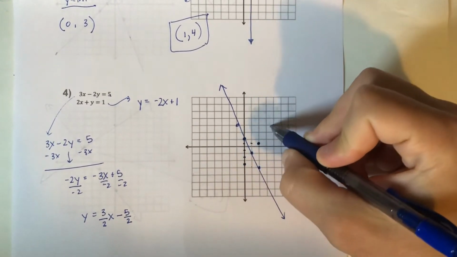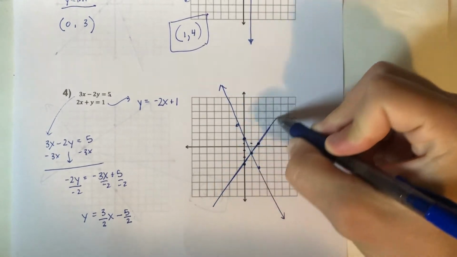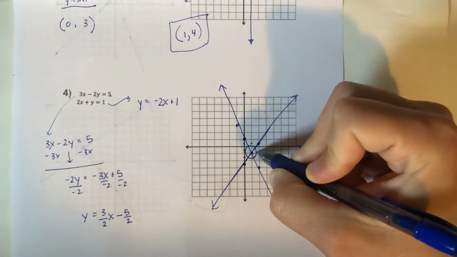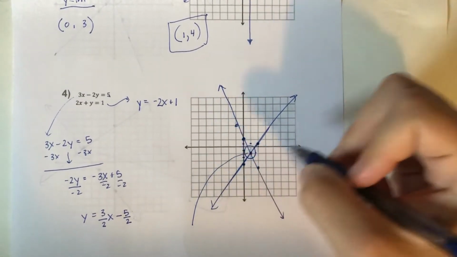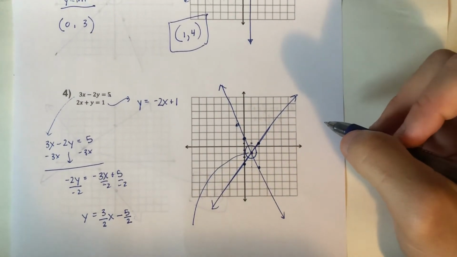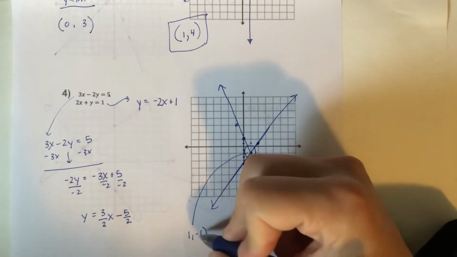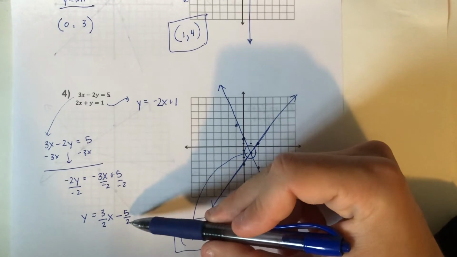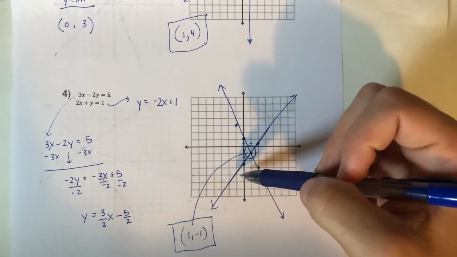Now the thing is, when you draw those, you see, hopefully, they do actually intersect at a very nice point. 1, negative 1.